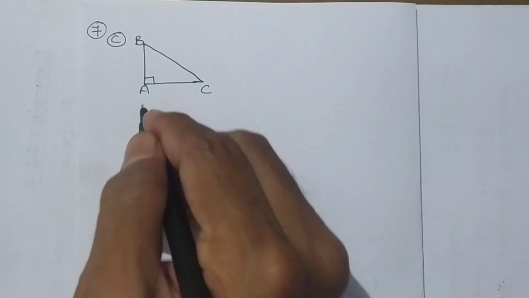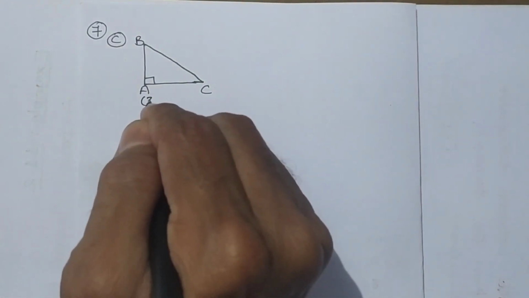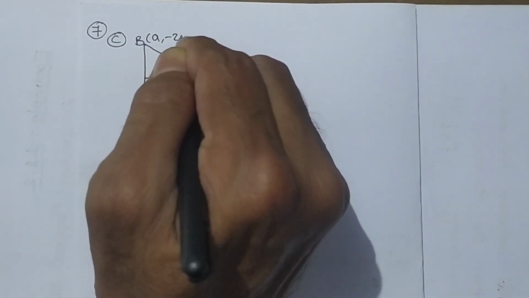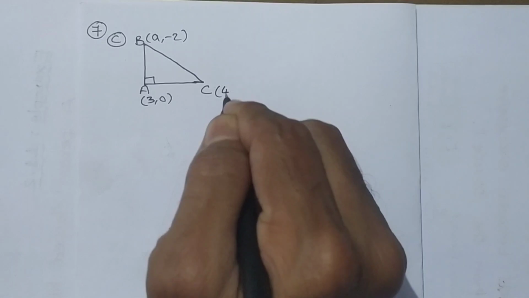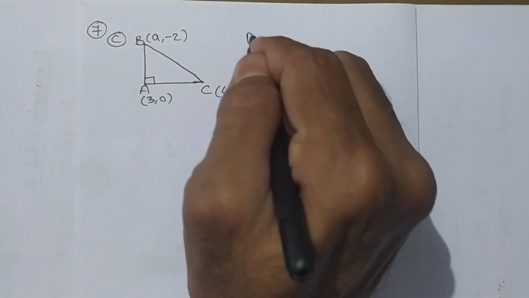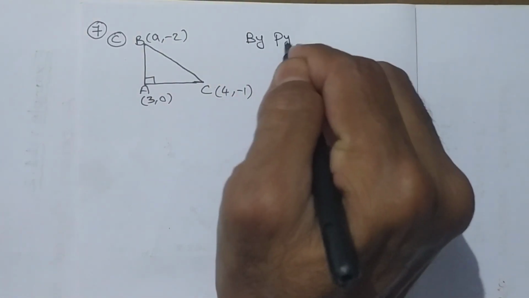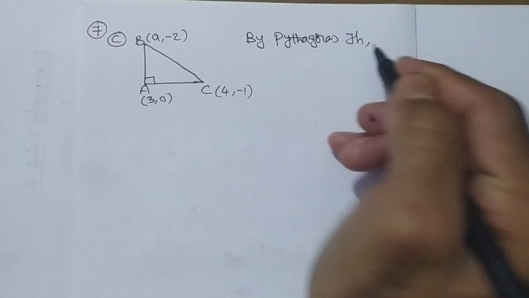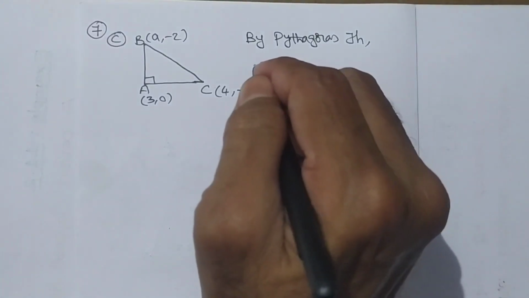Now here let us write the given points. A is given as (3, 0). B is given as (a, -2). C is given as (4, -1). As we know, we can apply the Pythagoras theorem here. What does the Pythagoras theorem say?